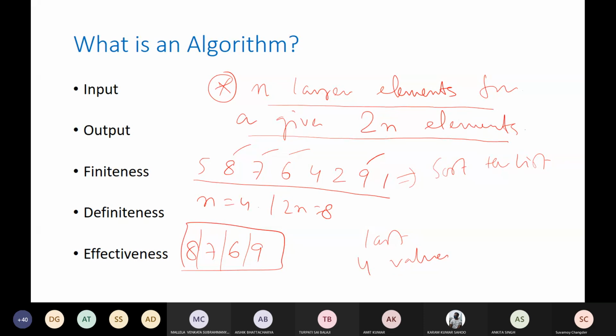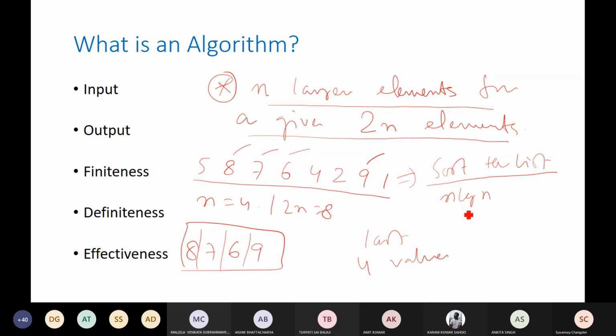So the first algorithm that should come to our mind is to sort all the elements and take the last 4 values. Since you have the idea of sorting like merge sort, quick sort, bubble sort, insertion sort, the best algorithm exhibits n log n time complexity.